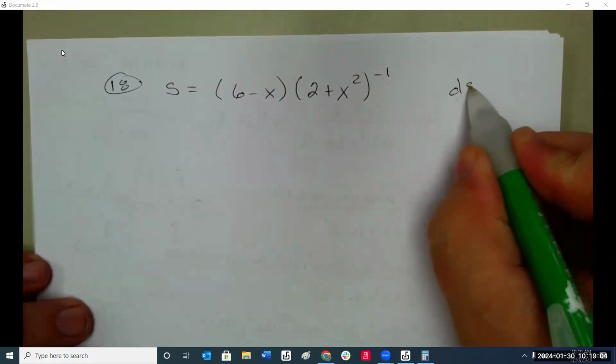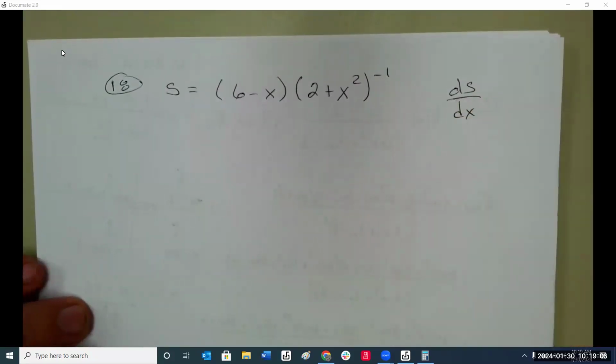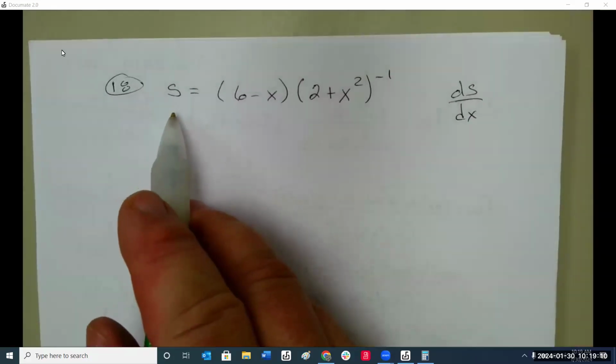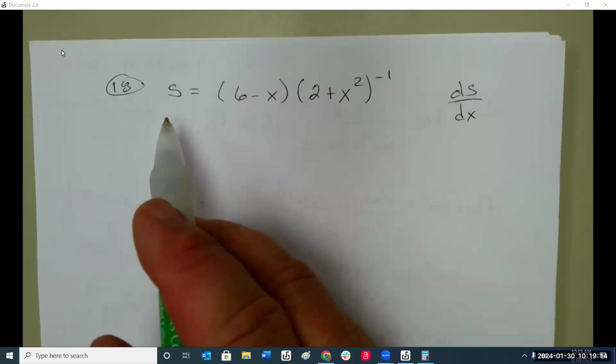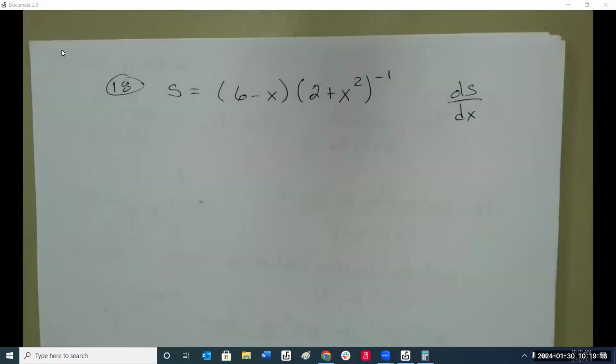This is find ds dx. Typically, what does s represent? Not a distance. It's before the distance. It's position. Yeah, it's the position of the object. Because we'd find the distance by subtracting the two positions.